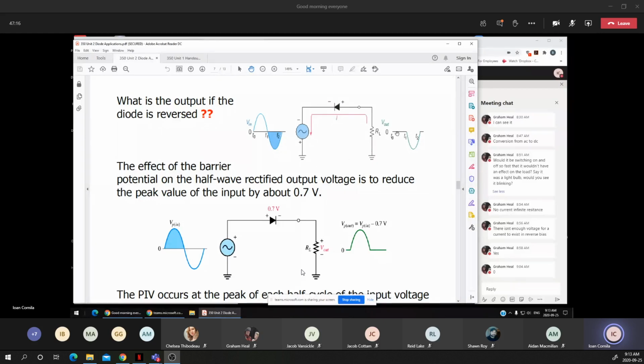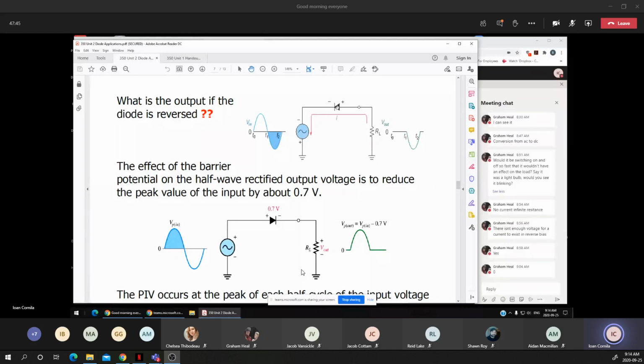That means that for the first positive half of the waveform, the voltage is 0 because the diode acts as an open switch, and there is no output voltage or current. For the second half, the negative is applied on the top and the positive on the bottom, which means the diode is now in forward bias.